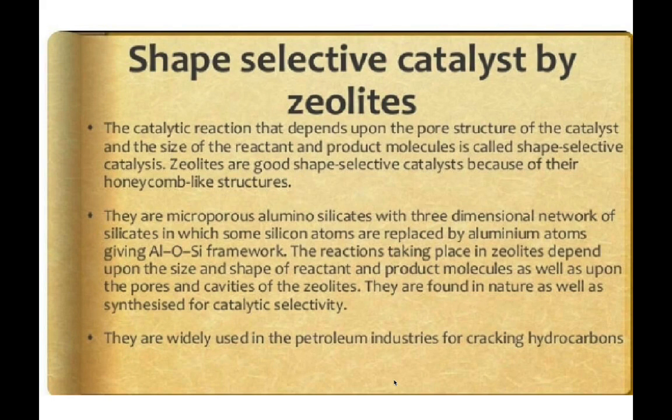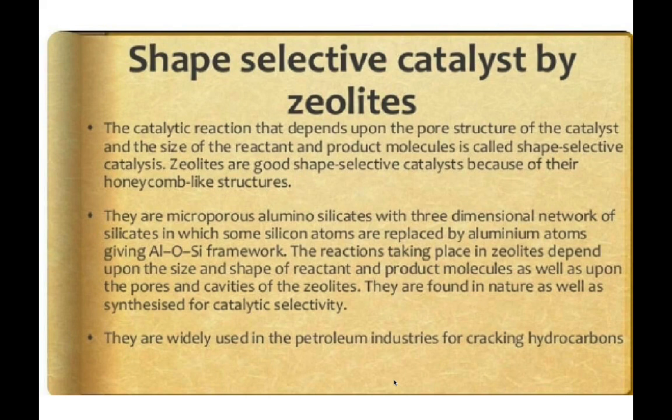The catalytic reaction which mainly depends on the pore structure of the catalyst and also the size of the reactant and product molecule is called shape selective catalysis. Zeolites are good shape selective catalysts, because you have seen their shape. They have honeycomb-like structures, and they are microporous aluminosilicates with a 3D network of silicates, in which some silicon atoms are replaced by aluminium atoms.